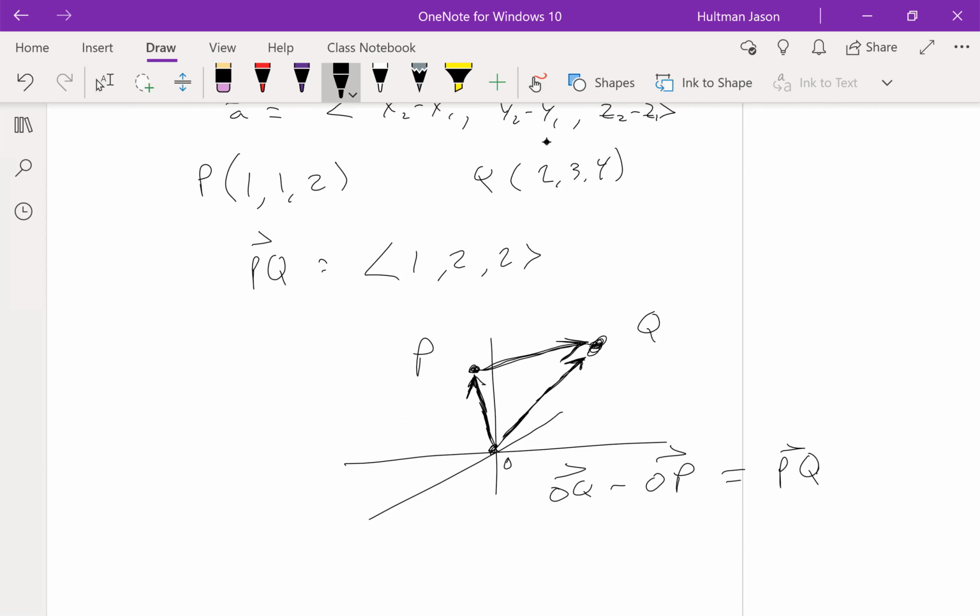And since the origin is 0, 0, 0, everything works out, because we just end up with vector Q.